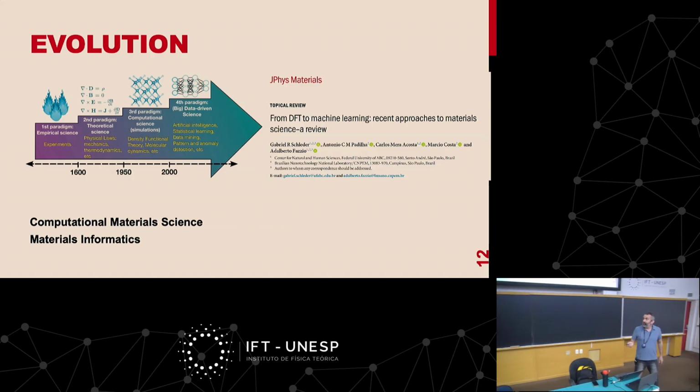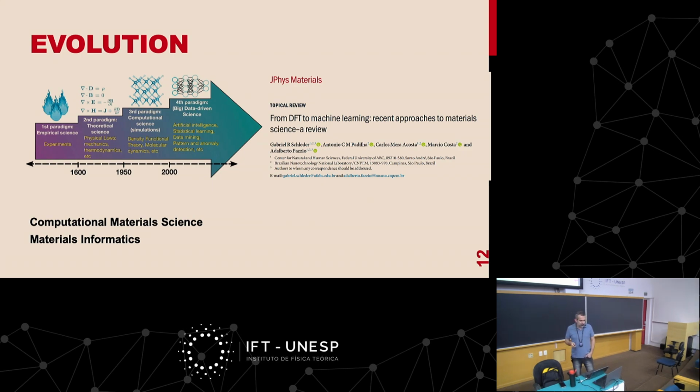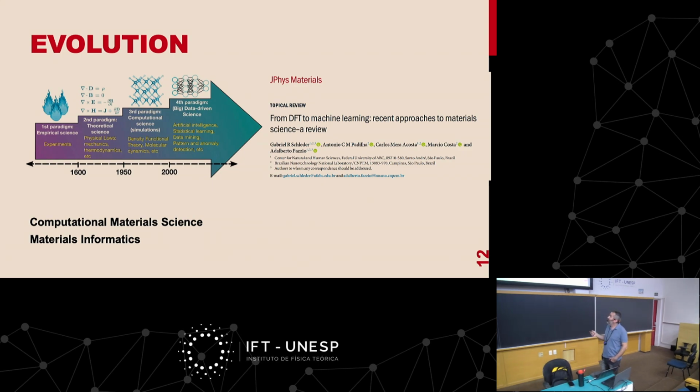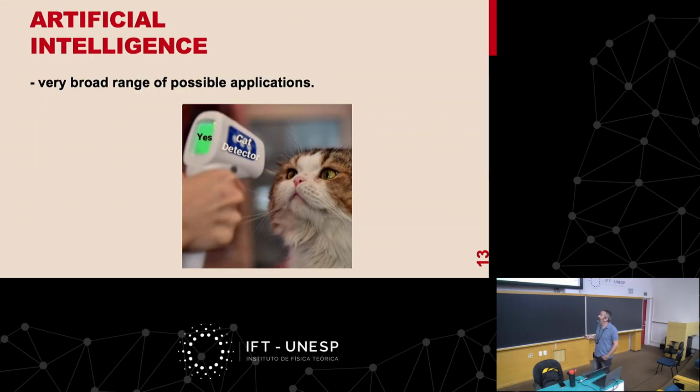And then the fourth paradigm came, that is data-driven science, or big data science, or machine learning and so on. So that was a very long introduction just to show you that what I would like to discuss in this seminar is what can we do with this fourth paradigm of science? How can we deal with this kind of science, okay?